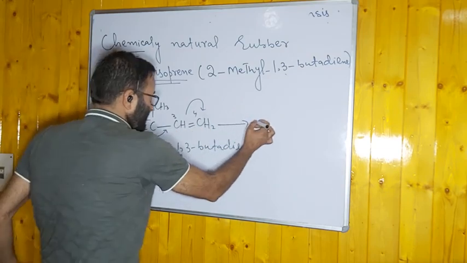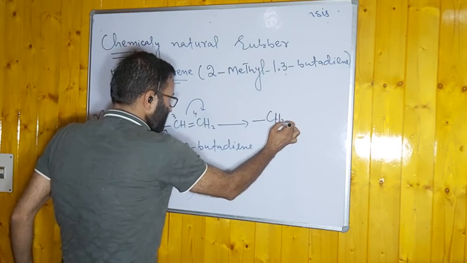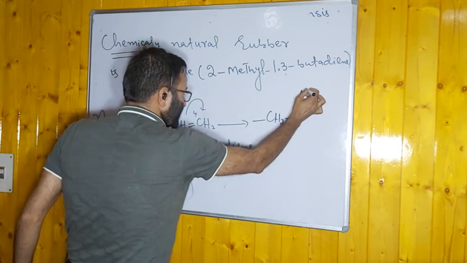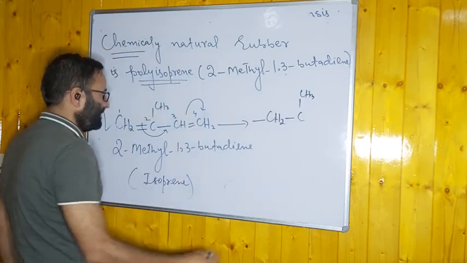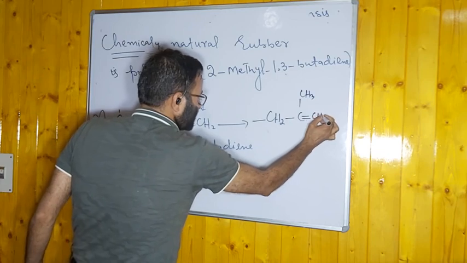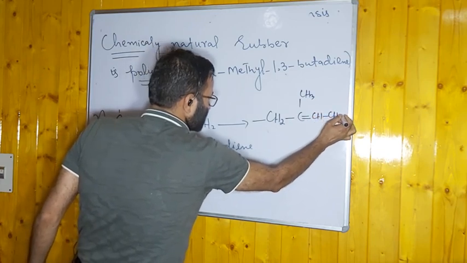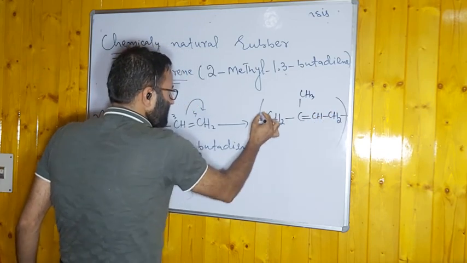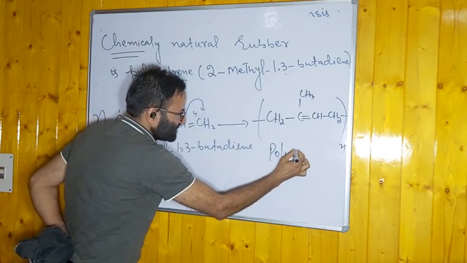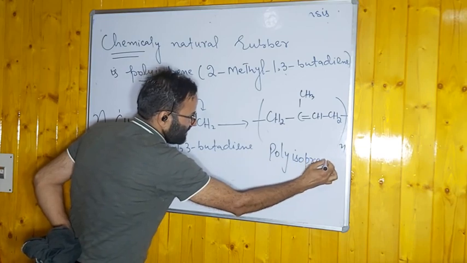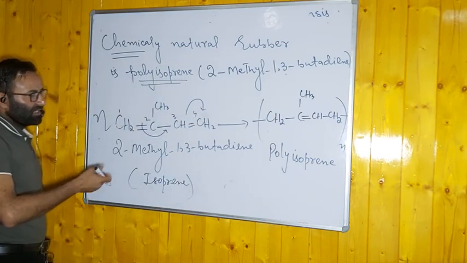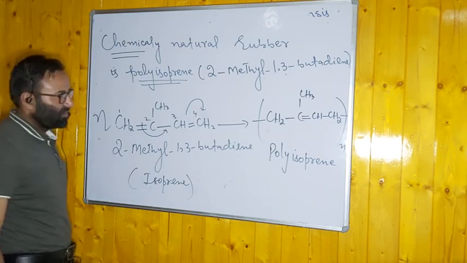What you will have is CH2, a single bond, CH3, then a double bond, then CH2. This is natural rubber, polyisoprene. This is isoprene. When it undergoes addition polymerization, you get polyisoprene.